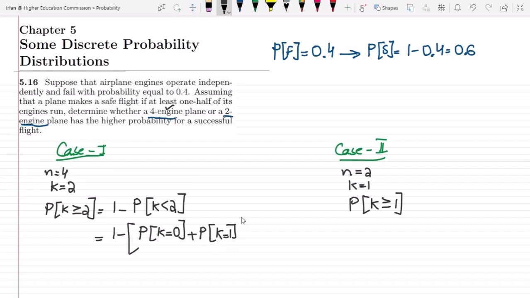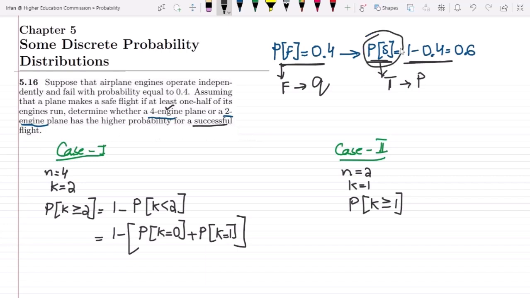This is the case of the binomial probability, because again we have two outcomes, failure and success. Success is the true case, which is P, while failure is false, which lies in Q, because here we have to find the successful flight. So for the successful flight we use the success rate.